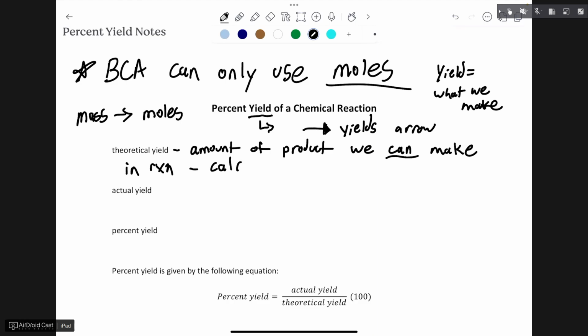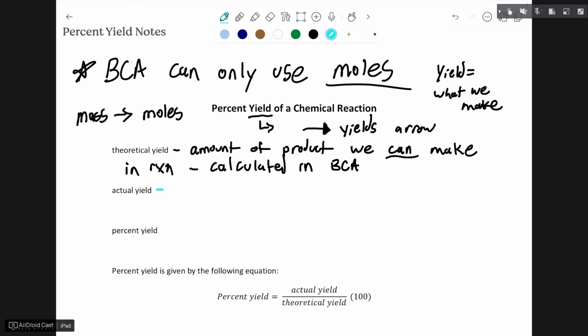This will always be calculated in a BCA table. So this will never be given to us. This is something that we actually have to calculate. We are given the starting parameters of the reaction, and we can figure out how much of the product we should be able to make.